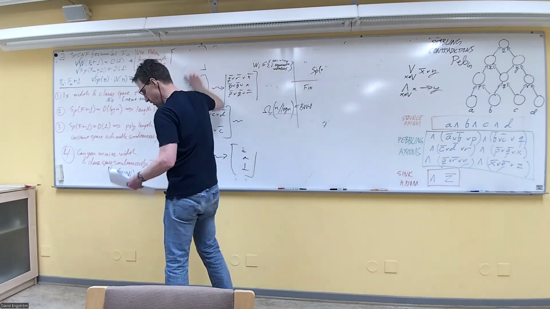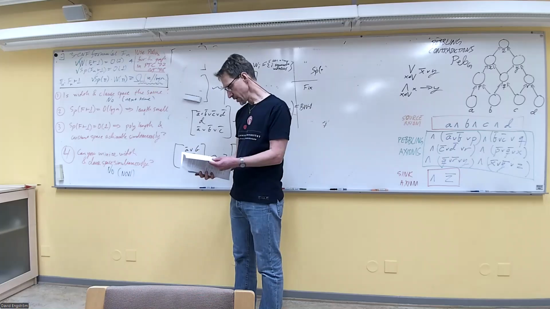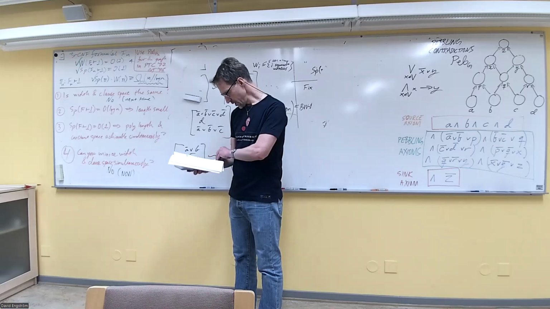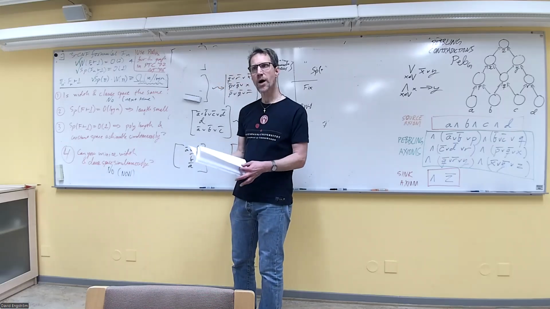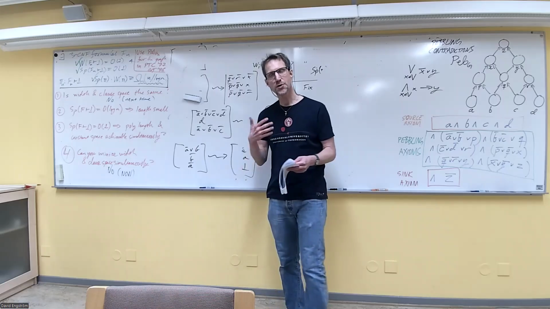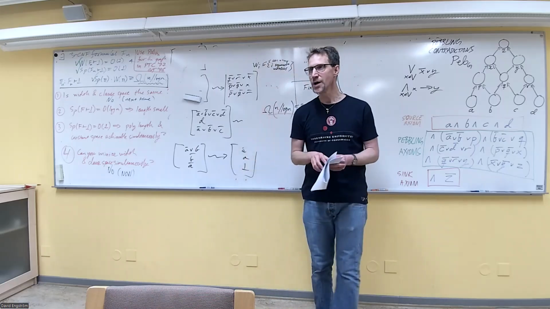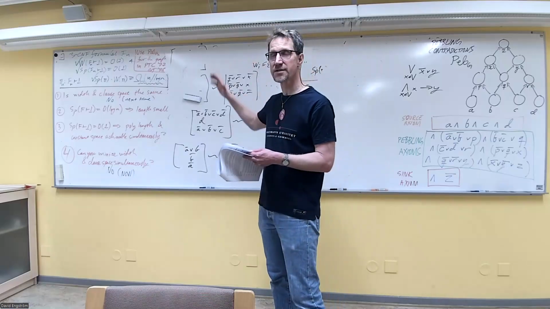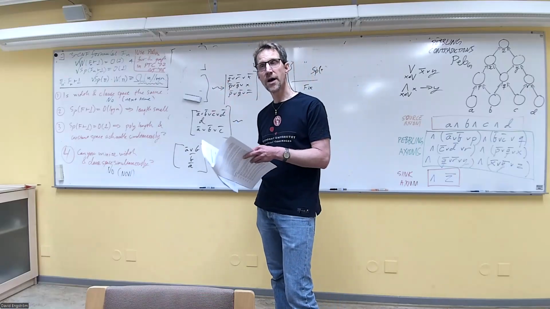So, jumping ahead a little bit, I'm trying to check if there was anything I was going to tell you that I didn't tell you. But I don't think so. So one thing to think about while I'm checking whether I forgot to share any pearls of wisdom with you: my plan is to use pebbling contradictions to actually separate space and width.